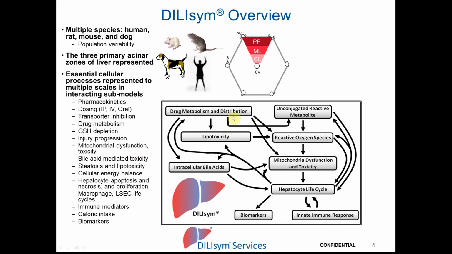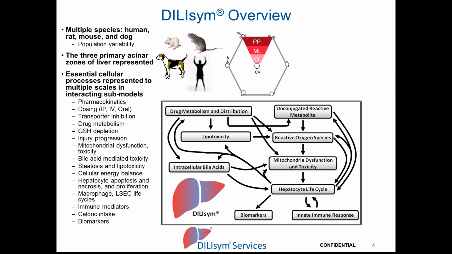And then there's the potential to interact with bile acid homeostasis, lipotoxicity, generation of reactive metabolites, reactive oxygen species, and mitochondrial dysfunction, all of which have the capability of interacting and disturbing the hepatocyte life cycle, in other words, inducing apoptosis and or necrosis.